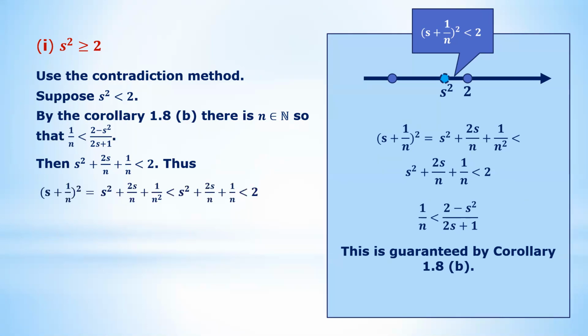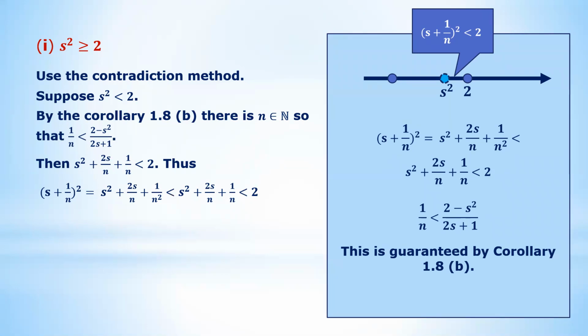And then this will imply that s plus 1 over n squared is less than 2, because the expansion of s plus 1 over n squared equals the sum of these three terms with the n squared, right? But note that 1 over n squared is less than 1 over n. So therefore, you can see s plus 1 over n squared is less than 2.